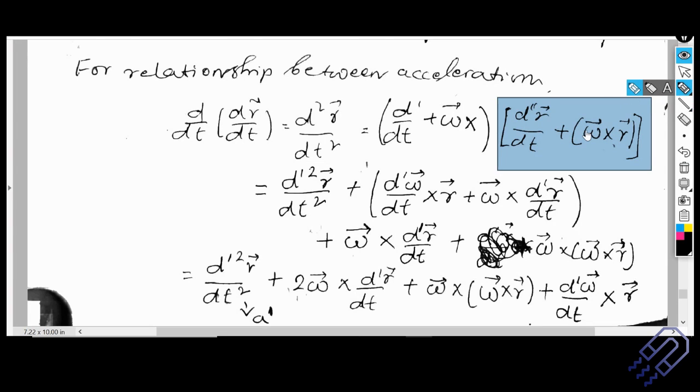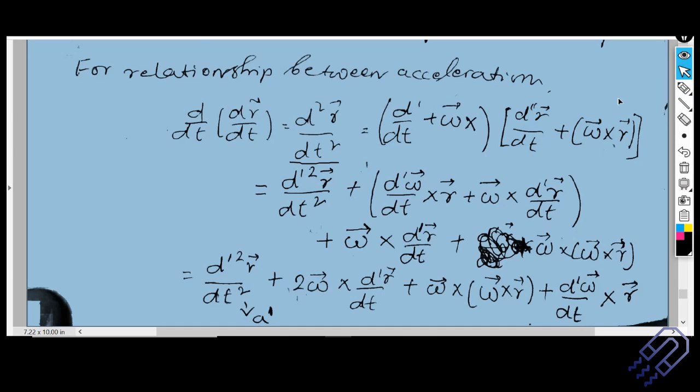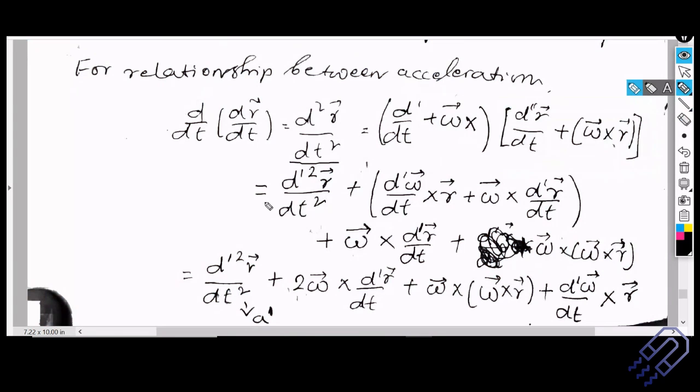This side, let me just keep it as it is. This side I need to worry about a bit, but there are certain steps that I should not miss. We'll take this and this, so it will be d' squared r bar by dt squared, plus, and then we take this with this.